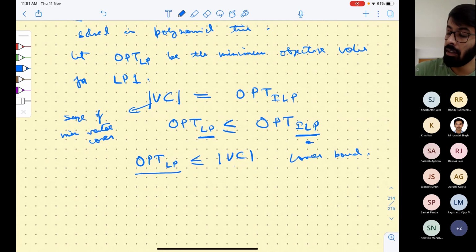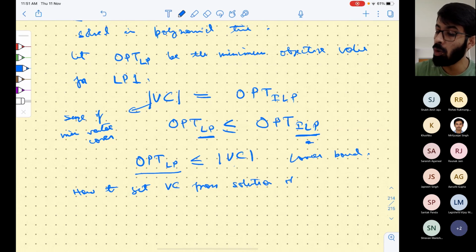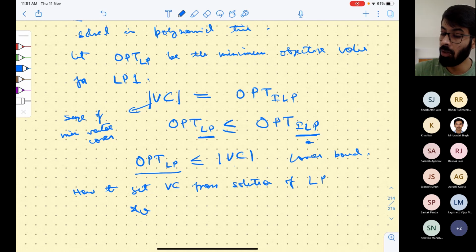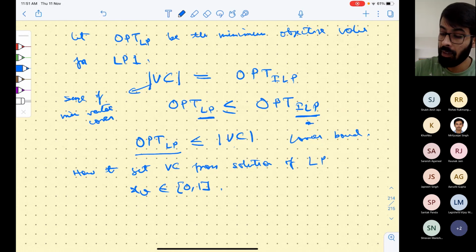So how do we get the vertex cover from a solution of LP? Because a solution of LP is now going to basically give every vertex an XV with some value between 0 and 1, right? So from there, now we want to choose some XVs. So what can be a good choice?